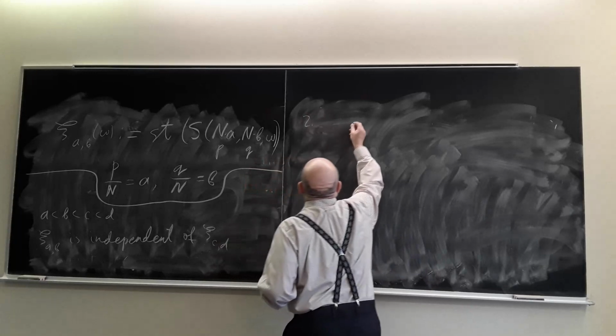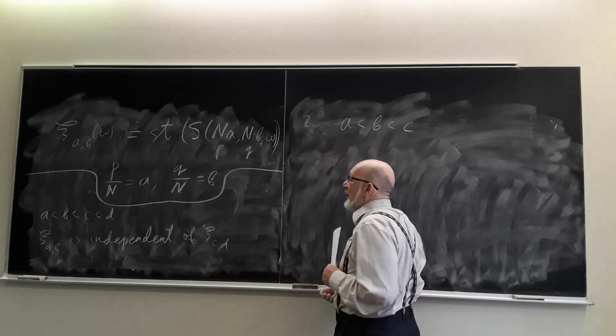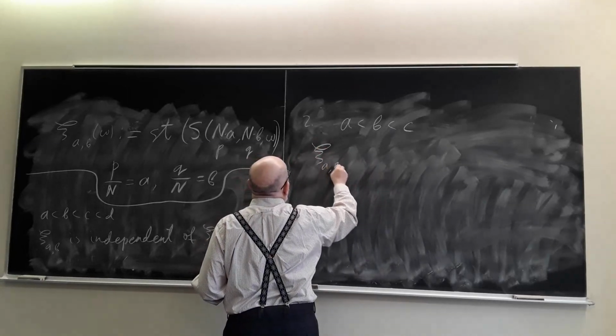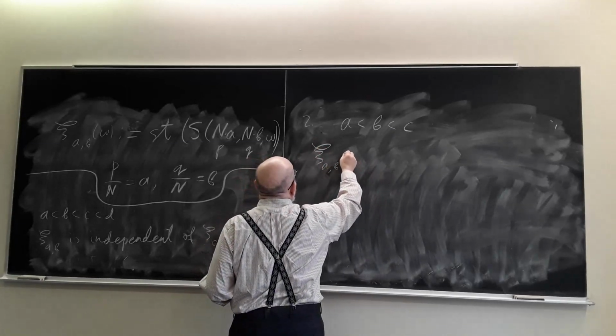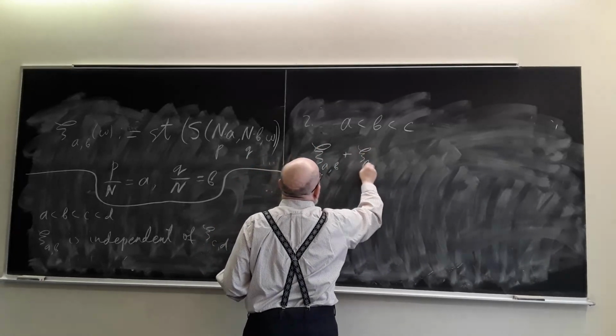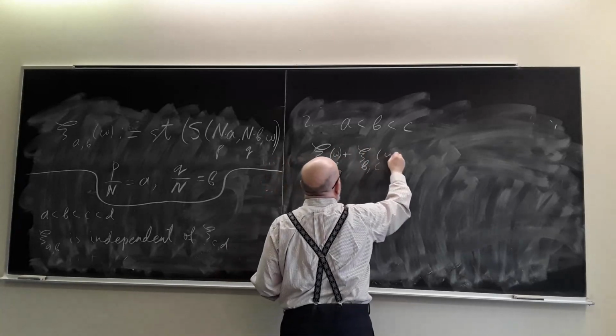Second, if you say A less than B less than C, then C_AB plus C_BC equals C_AC of omega.